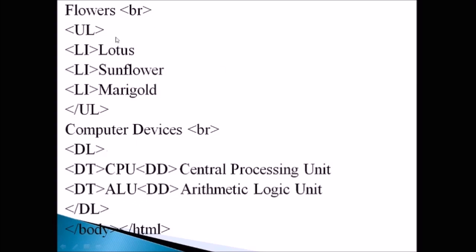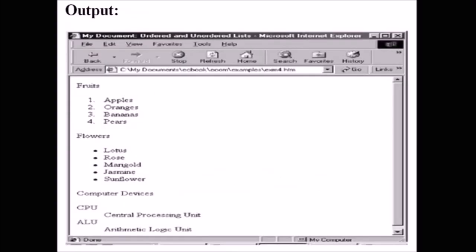Okay. In this document we have three different types of listing, isn't it? Ordered list, unordered list and then definition list. Let us see the output, how it looks like. So this is the output, where the title fruits is given. First list is an ordered list, isn't it? So that's why it is numbered 1, 2, 3, 4 likewise. Next list title is flowers.